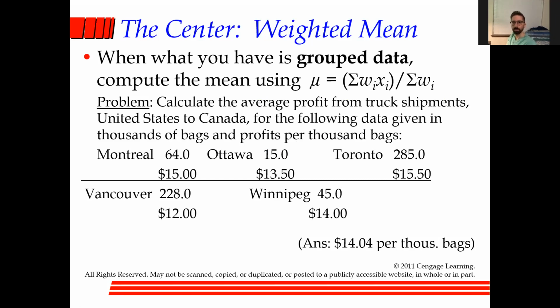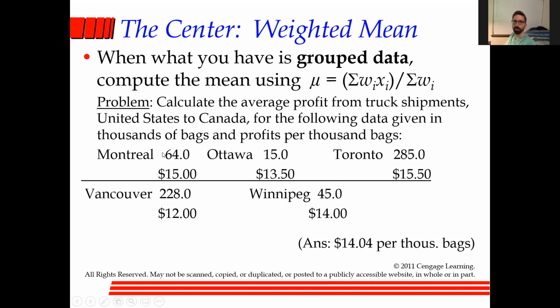Now this is considered to be a weighted average because, I mean, it's a little misleading because they say average profit, right? Well, it's really a weighting because you're taking your profit per 1,000 bags, right? And you're multiplying by the weight. Weight in this case is what? The number of thousands of bags, right?